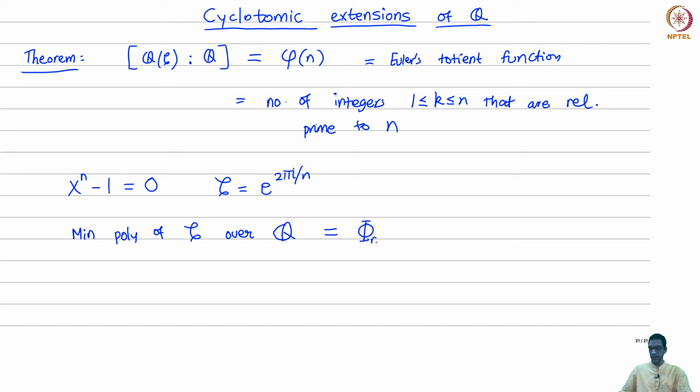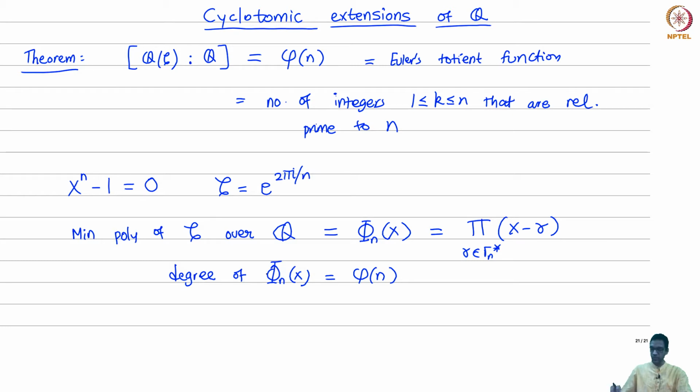Recall that the nth cyclotomic polynomial is the product over all primitive nth roots of unity gamma of (x - gamma), and the degree of phi_n(x) is just the number of integers between 1 and n which are relatively prime to n.